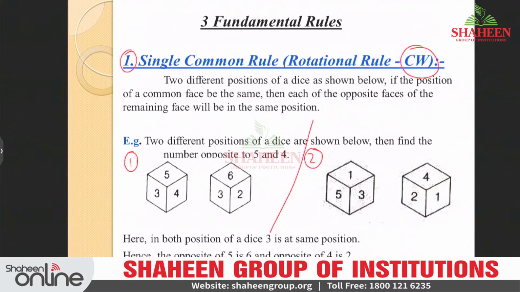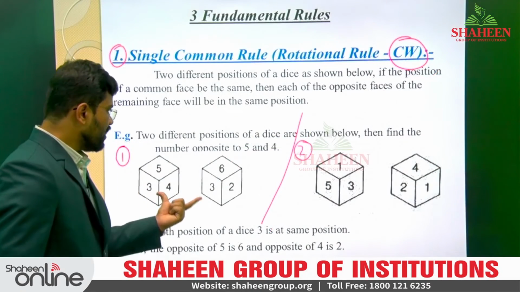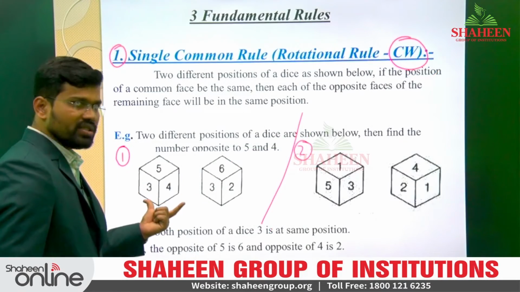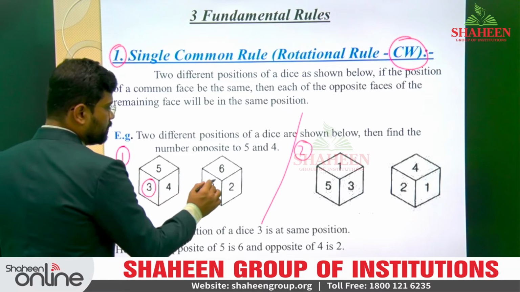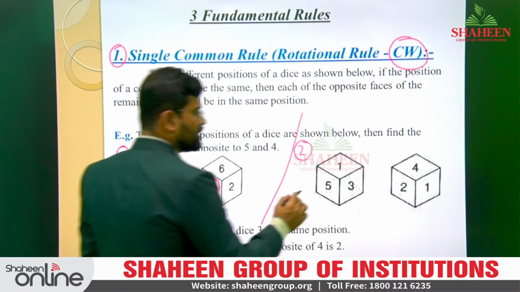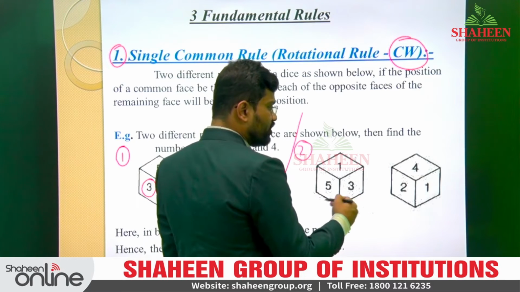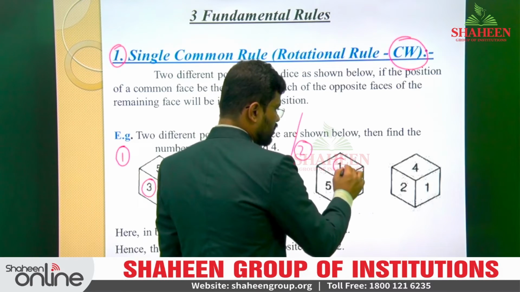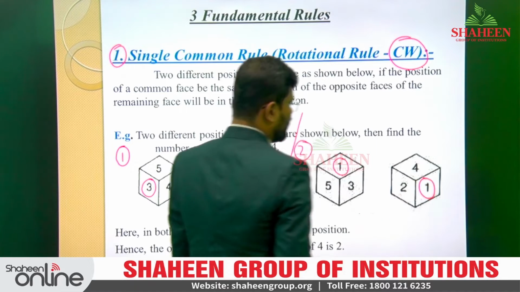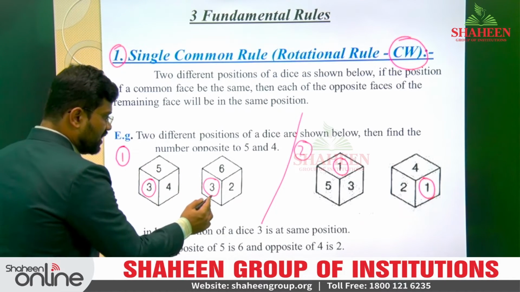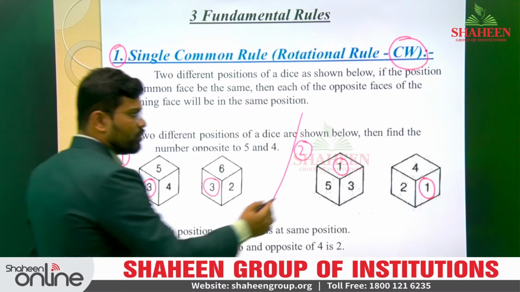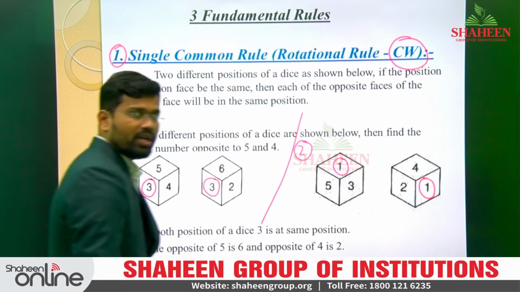In the first example, the element which is common in the given two dice is 3. In the second example, the element which is common in both the dice is 1. Then what is the difference? The position of 3 in both the dice is the same, and the position of 1 in both the dice is different.